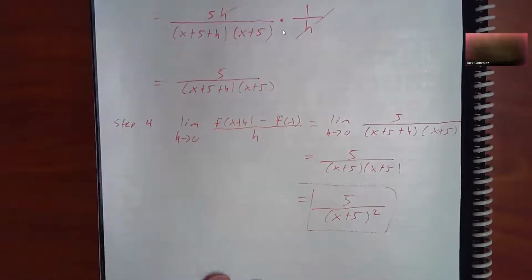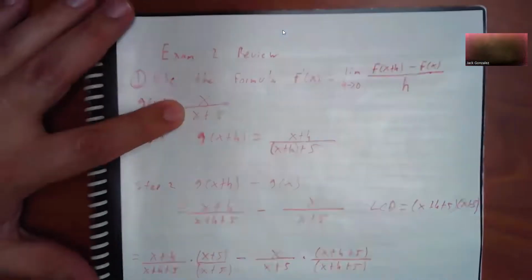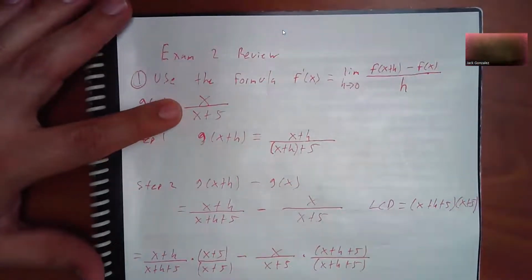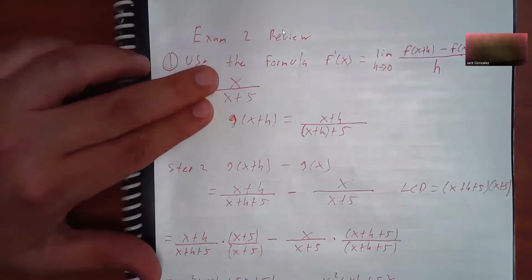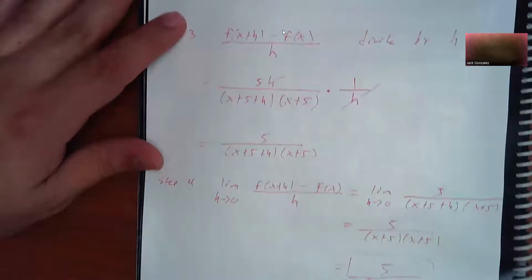If they had asked us to do the derivative using the other rules, this would be a quotient. If you did the quotient rule on this, you're going to end up with this. So that's the first one.